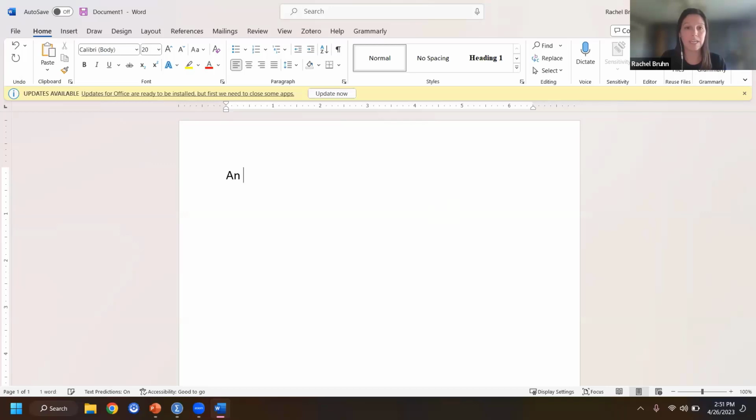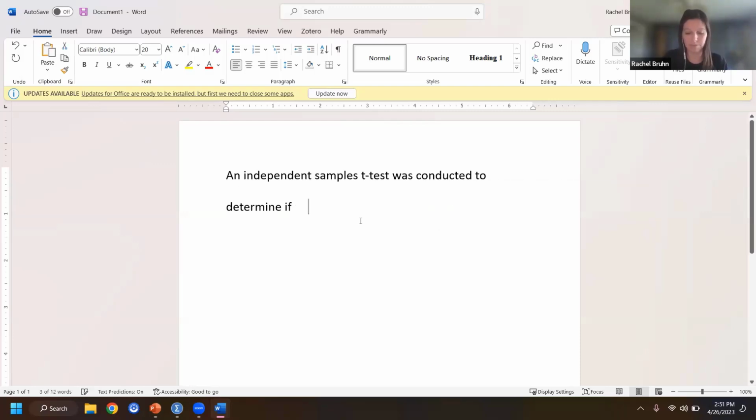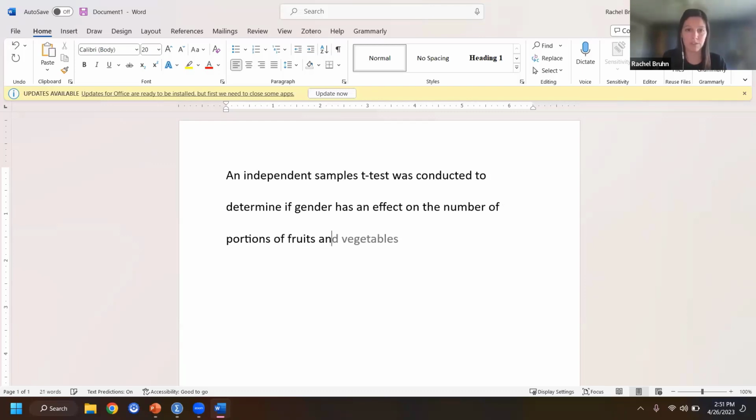All right, so an independent samples t-test was conducted to determine if gender has an effect on the number of portions, portions, not proportion, portions, the number of portions of fruits and veggies that people eat.